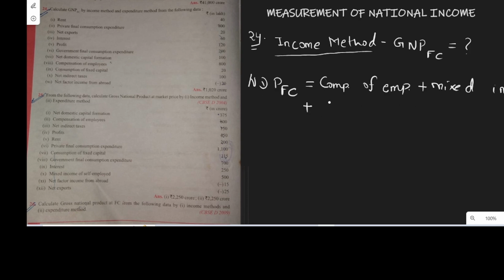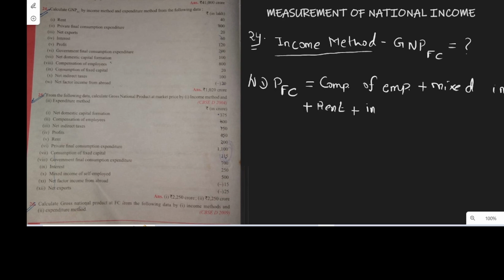As I had told you, operating surplus includes rent, royalty, profit, and interest. So I will not write operating surplus here. I will see what components of operating surplus are given to me. For that, see this question on the screen. Rent is given here. So rent is part of operating surplus. Then interest is also given here.